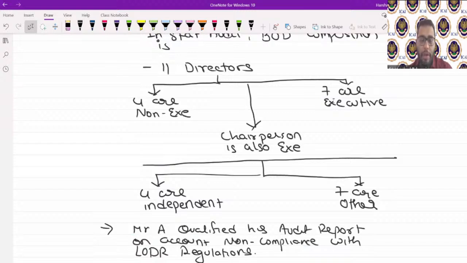Okay, good, good, Sairam. So, is Mr. A appropriate or not in his audit report? I'm asking whether Mr. A is appropriate in his audit report or not. So the question is reporting by Mr. A, the practicing chartered accountant stat auditor of CDE Limited. Has he reported appropriately or not? So has he reported appropriately?